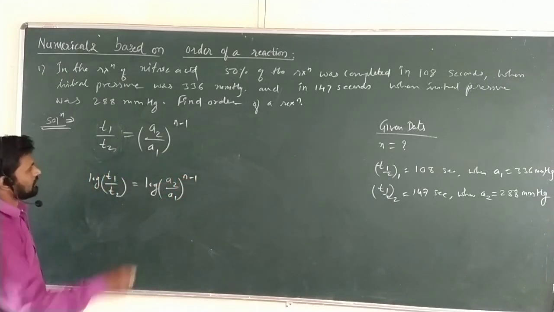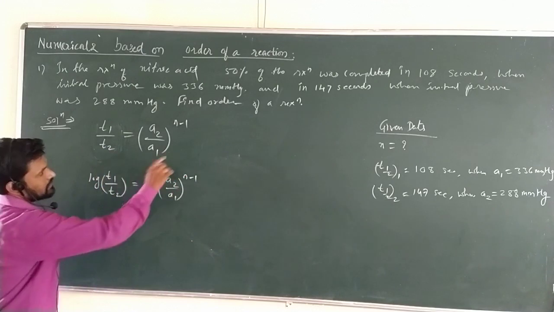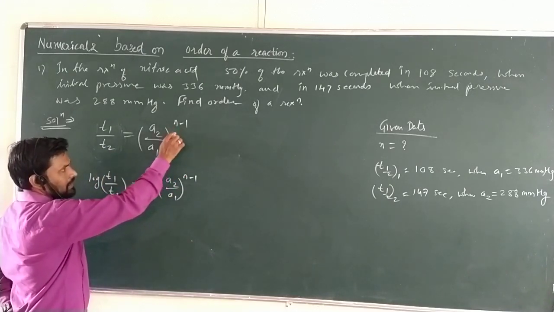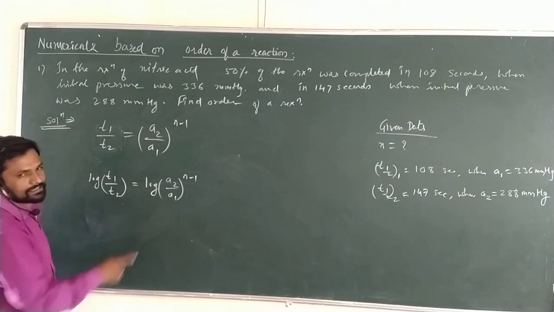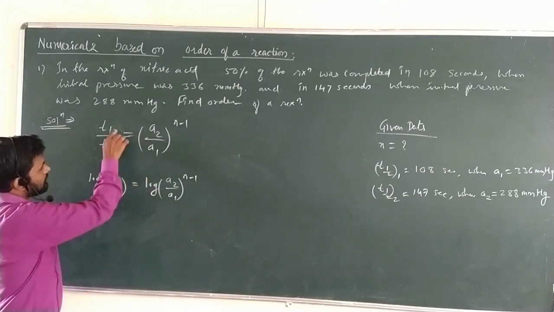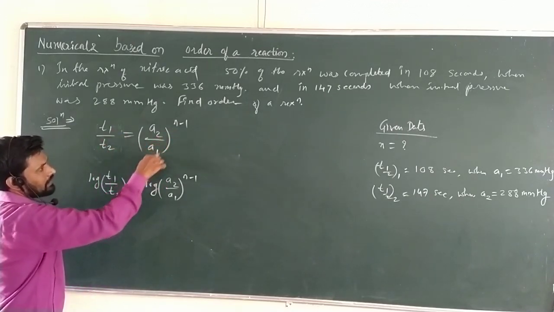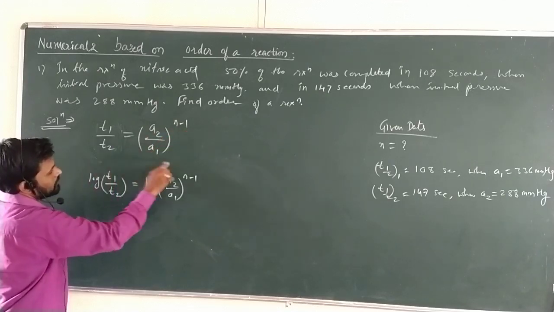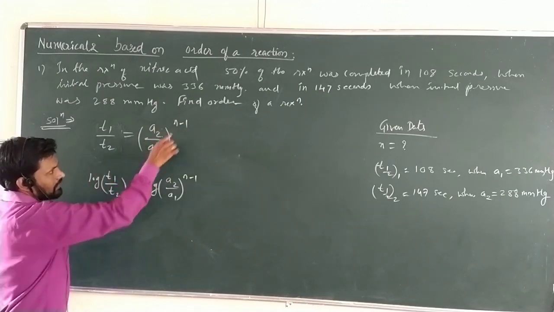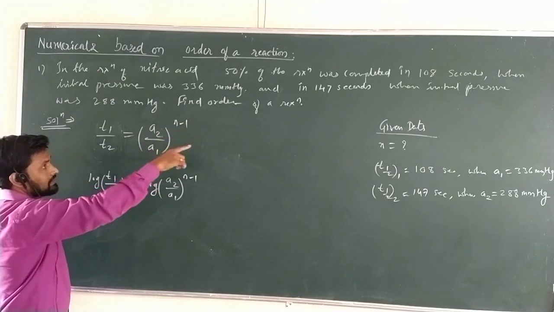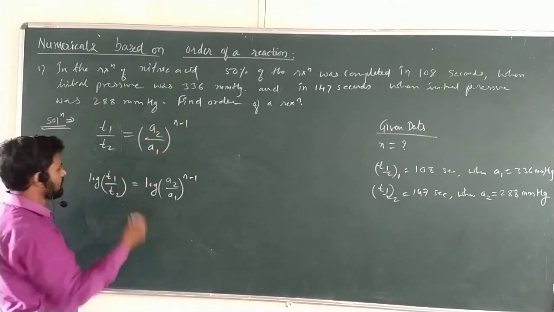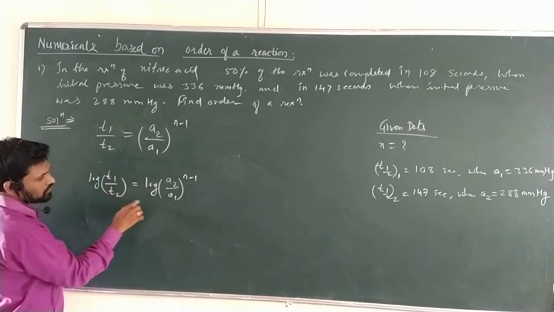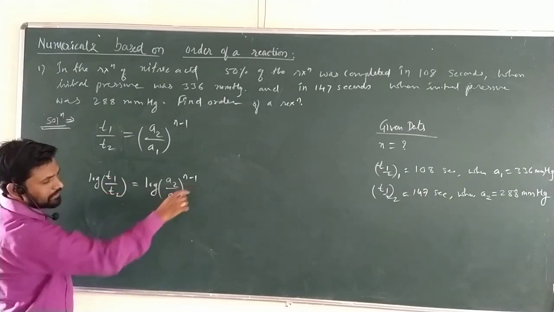We have to find n. You have to take the log on both sides. Remember, here I have taken A2 upon A1 to the power n minus 1, not 1 minus n. You can take any equation. This is a very simple formula.